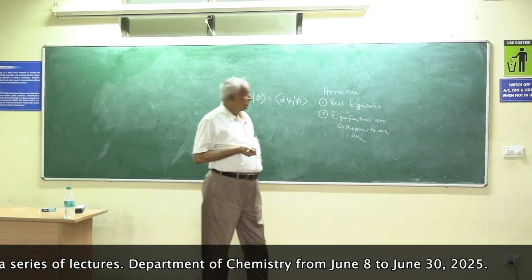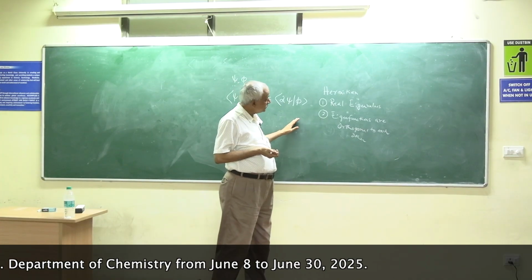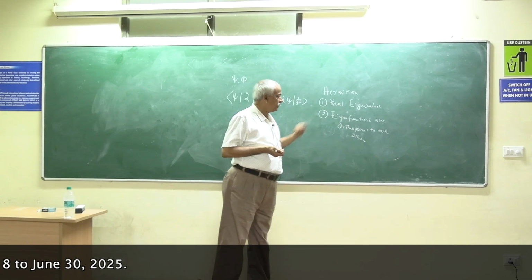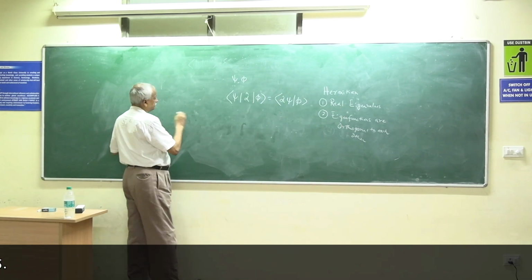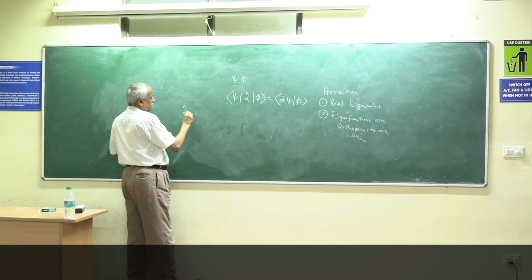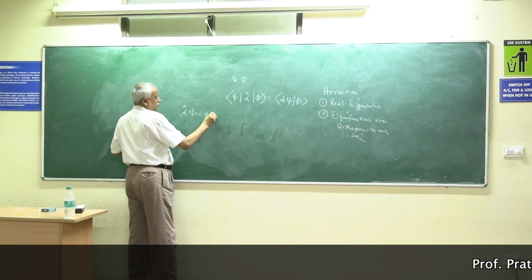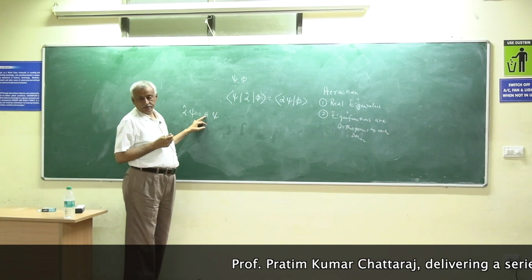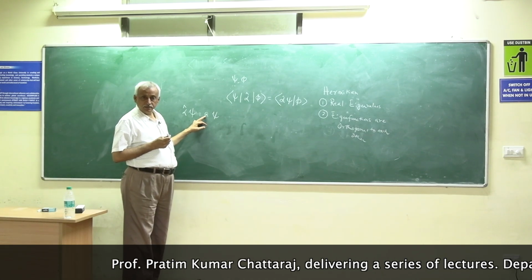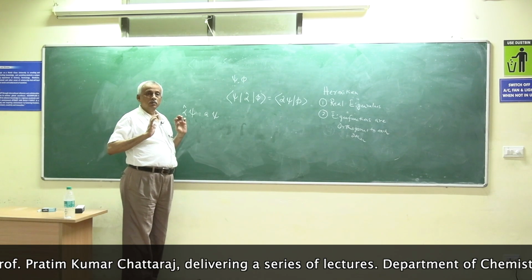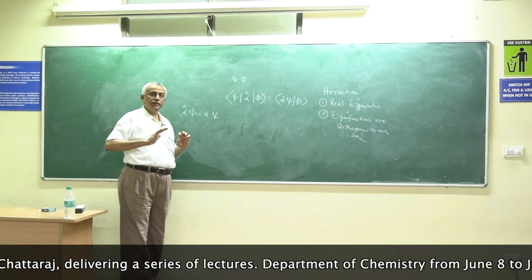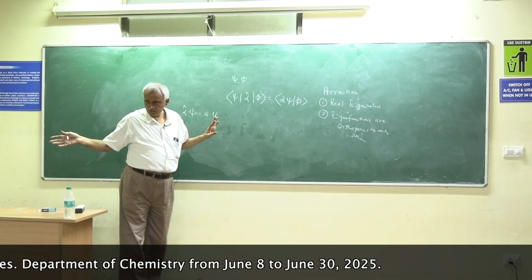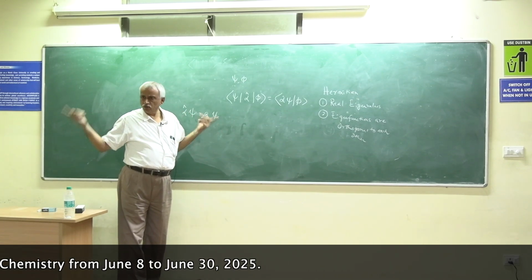Now, first of all let me tell you about this. I am talking about eigenvalues and eigenfunctions. Suppose alpha operating on psi gives some number times psi. This number may be a real number or a complex number. I told you that if you operate d/dx on sin x, you get a different function, cos x.